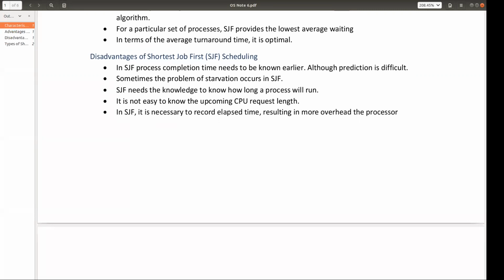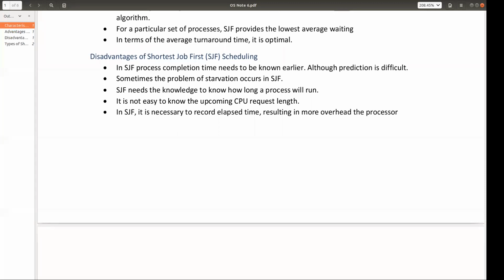Another is, in SJF it is necessary to record elapsed time, resulting in more overhead on the processor. So that is something different. You don't have to understand this right now. এই যে আমরা রেকর্ড করব যে কতটা টাইম আমার প্রসেসর ইউজ হচ্ছে, কতটা টাইম ইউজ হচ্ছে না, সো দ্যাট আমরা প্রসেসরের ওভারহেড ক্যালকুলেট করতে পারি, সিপিইউ ইউটিলাইজেশনটা বেটার ক্যালকুলেট করতে পারি। সেটা আমরা সব শিডিউলিং অ্যালগরিদমের ক্ষেত্রেই করতে পারি। সিপিইউ ইউটিলাইজেশন ক্যালকুলেশন আমরা করব পরে, which is very easy basically.